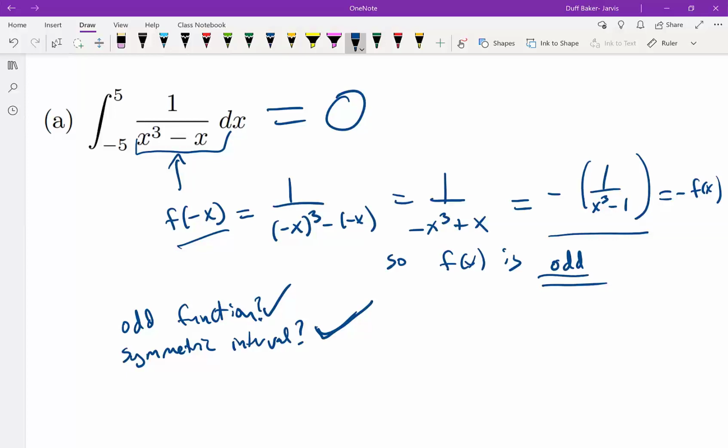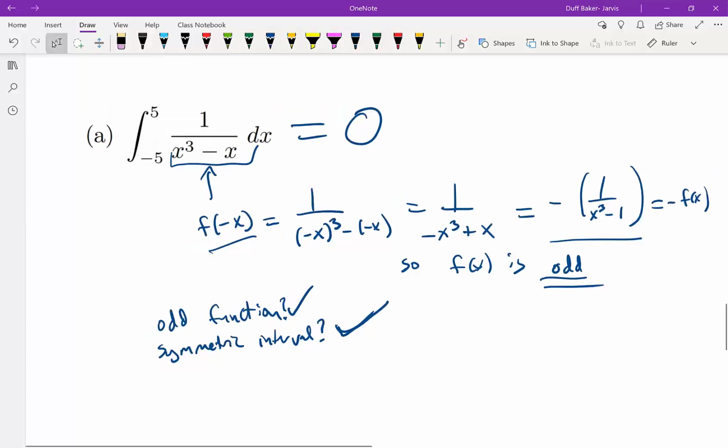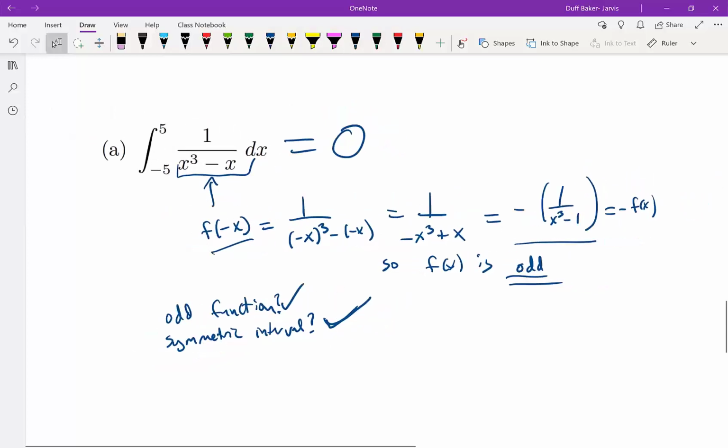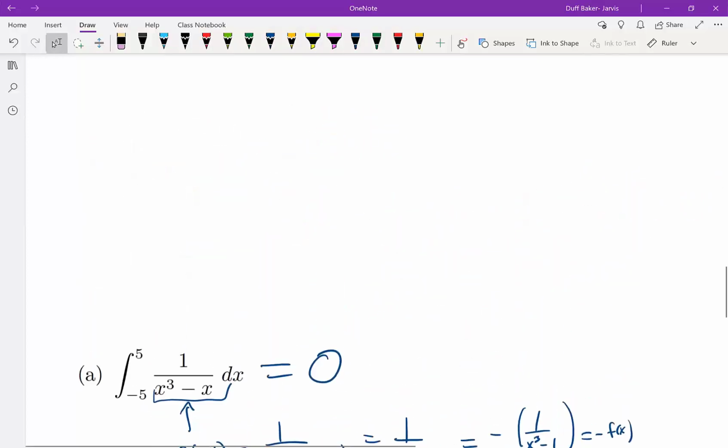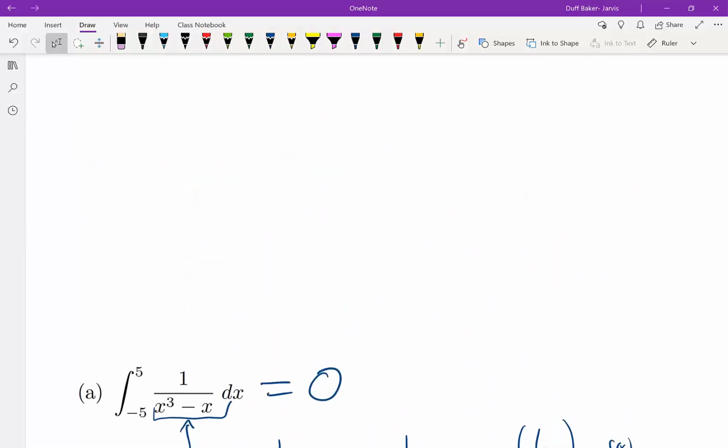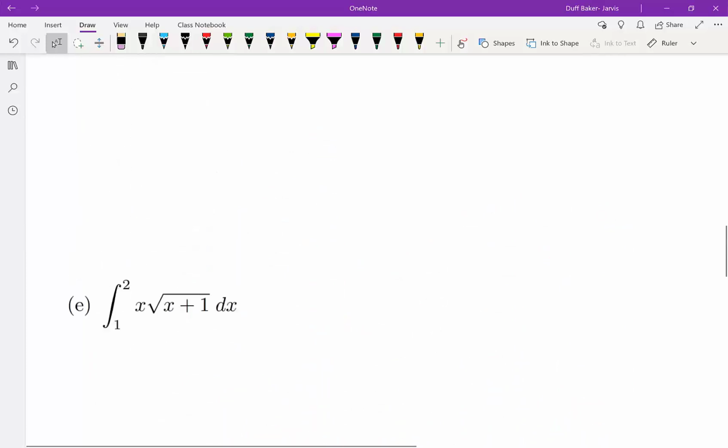Though really, this function actually has more problems that we should worry about because it has an asymptote at 0. But we're going to ignore that.